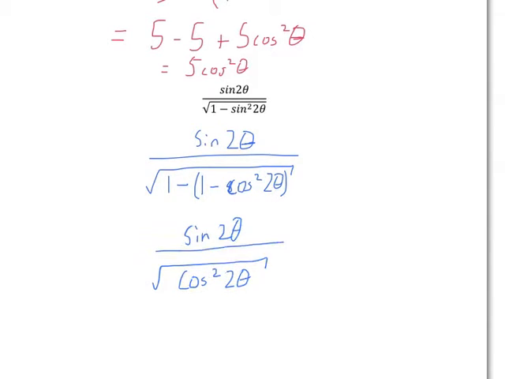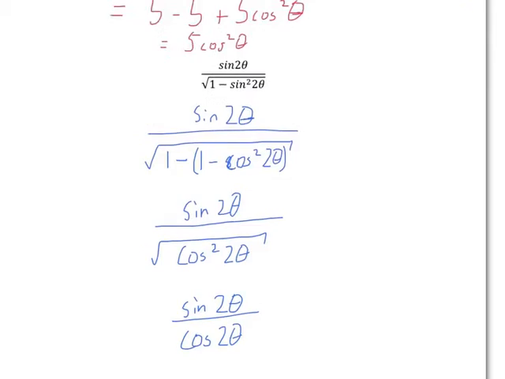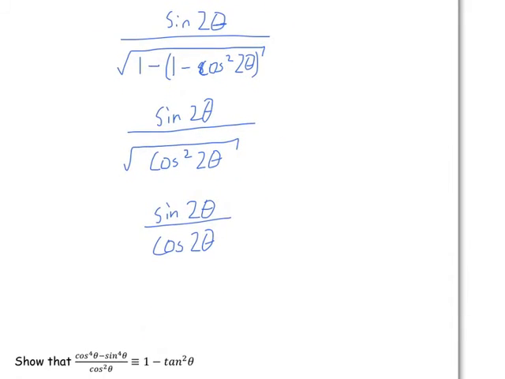Now we can change this bottom to just cos 2 theta because we can square root. So we've got sine 2 theta divided by cos 2 theta. And using our second trig identity, tan theta is always equal to sine theta divided by cos theta, so this is equal to tan of 2 theta.